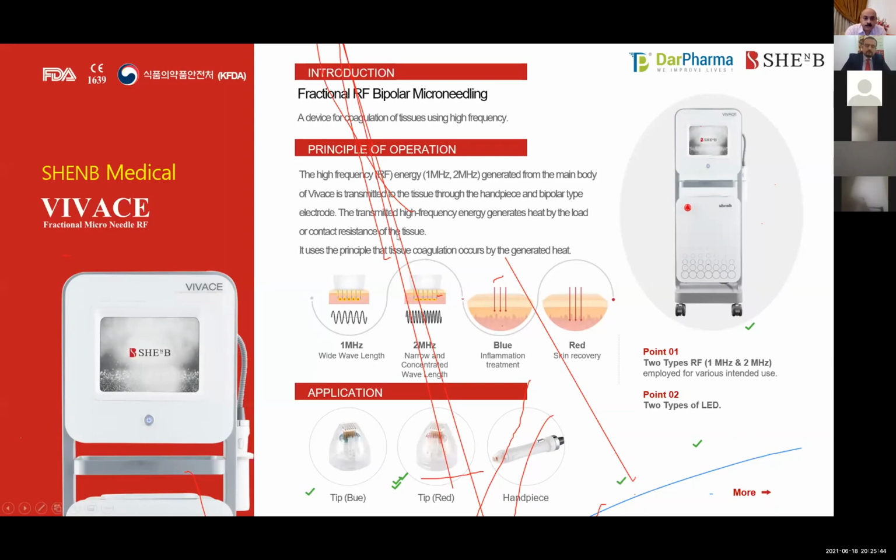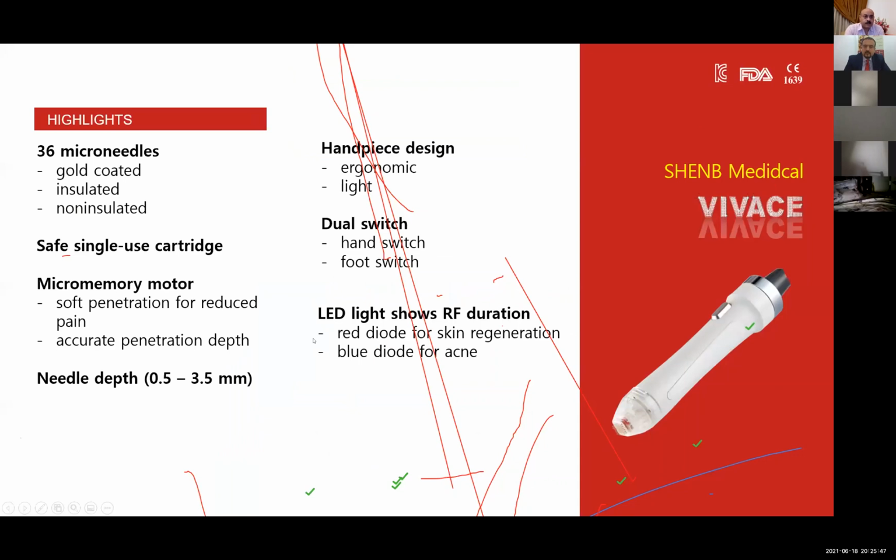Yes, as Dana mentioned, most of the benefits of using VIVACE are over other devices, usually in the microneedling radiofrequency space. Now I would like to quickly go through the highlights, or the rationale, behind why VIVACE can generate better efficiency and why VIVACE is considered a very safe device in comparison to other devices.